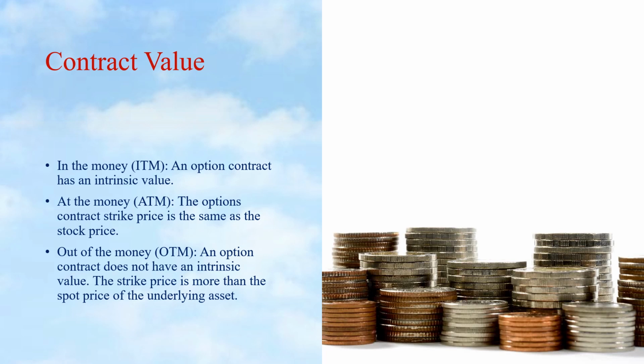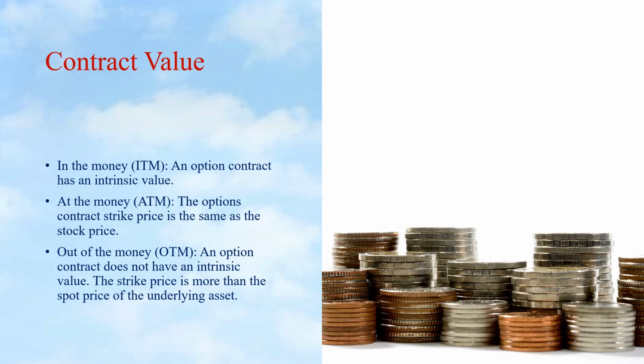Then the contract value. When we are fixing the exercise price, there is some terminology we are using. One is called in the money, ITM. ITM means the exact price of the contract. In other ways, it is called the intrinsic value, the original price without including the time value or the risk-free rate.